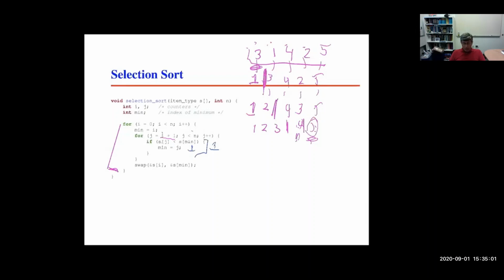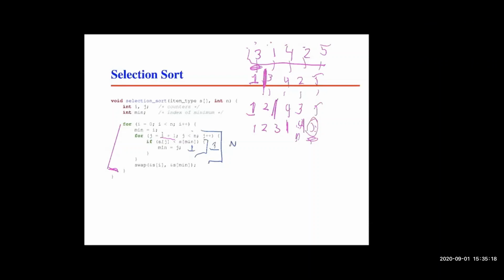How many times is that loop going to go around? The most it can go through in the worst case is n times if you have n elements. That tells me that all the stuff within here is going to be n steps.